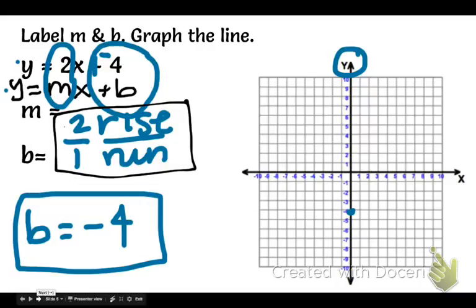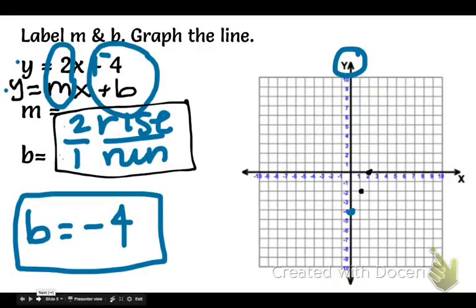In this case, it's positive, so I'll go up 2. And then the run value is 1. If it's positive, I'll go to the right. If it's negative, I'll go to the left. Because both of these values are positive, I'm going to go up 2 and right 1. Up 2, right 1. I can continue my pattern, and hopefully you'll see that my points are falling on what appears to be a straight line.